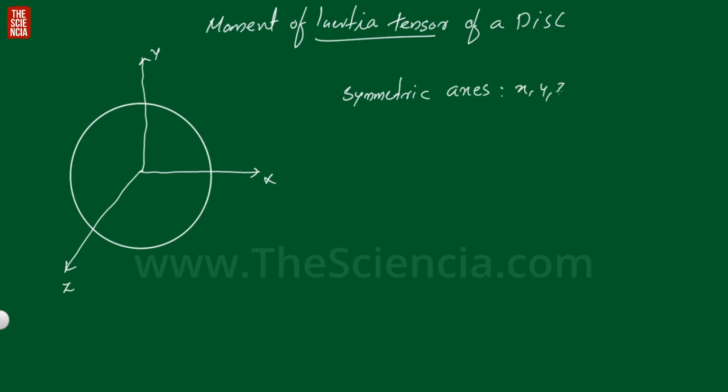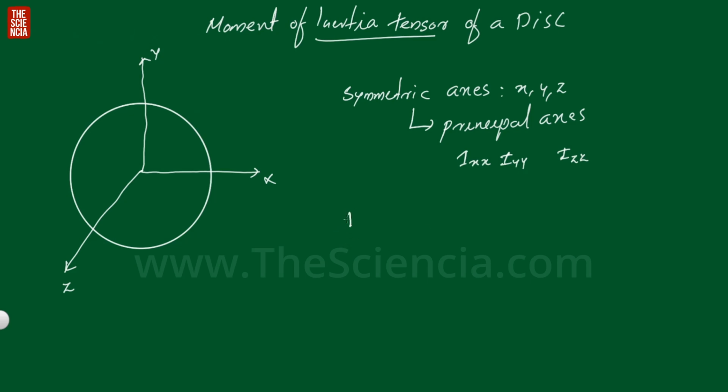So these are nothing but principal axes. I told you if a body has a symmetric axis, then that will be its principal axis, and the converse is not true. So we get only Ixx, Iyy and Izz values. All other terms, that is Ixy, Ixz, will be equal to 0.